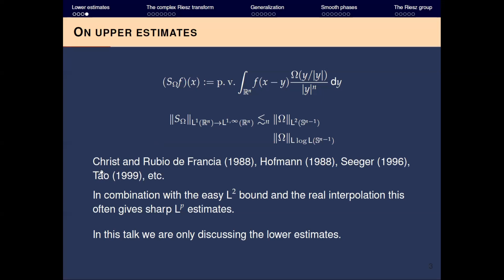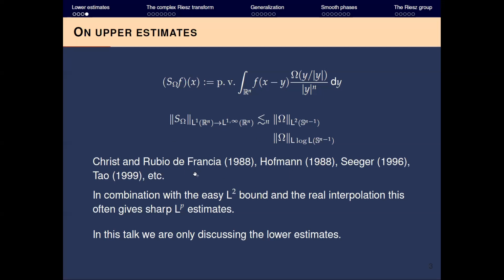So there's a series of results starting with Christ and Rubio de Francia, in several lower dimensions, then by Hofmann in 2D, then finally by Seeger, who proved this very strong result in all dimensions, requiring only the L log L control of the kernel. Then Tao generalized this a bit further and so on.